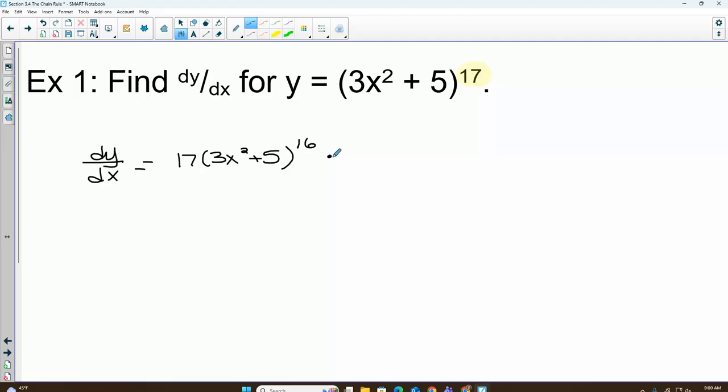Then you have to multiply by the derivative of the inside function. What's the derivative of 3x squared plus 5? 6x. All right. Simplifying, you could do 17 times 6x. So 102x times (3x squared plus 5) to the 16th.